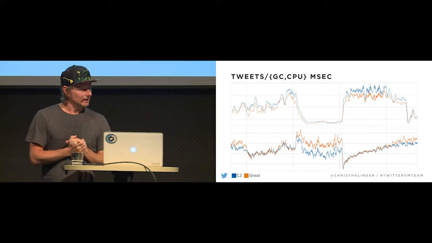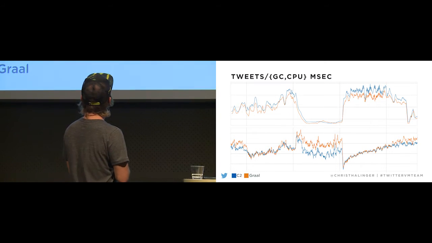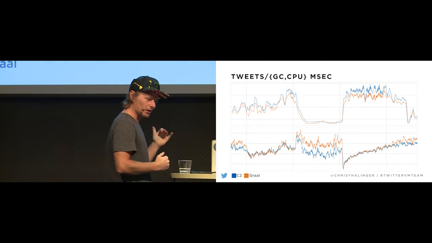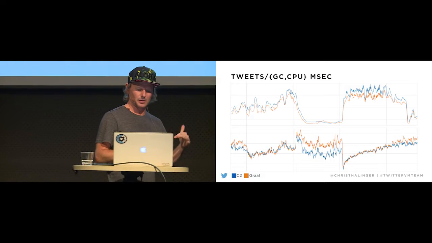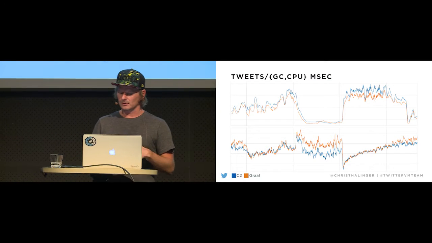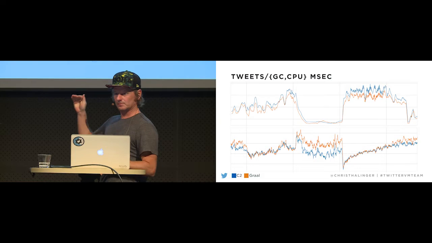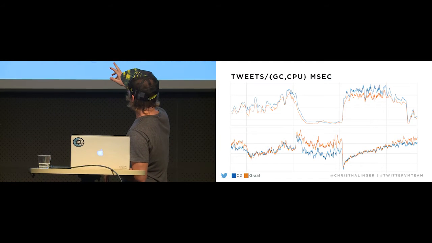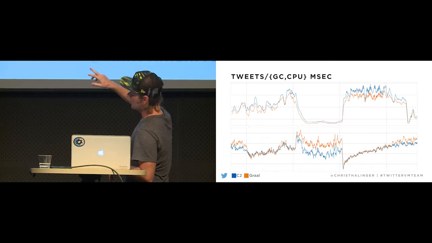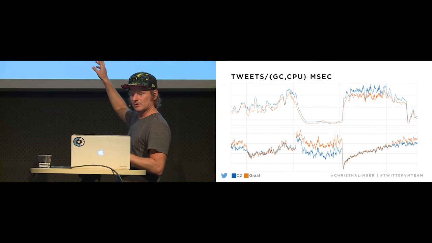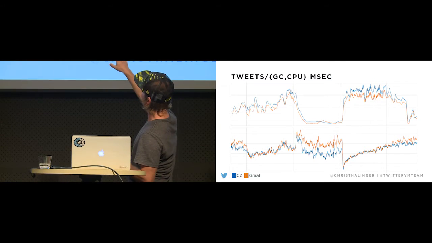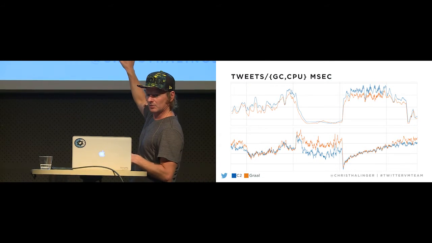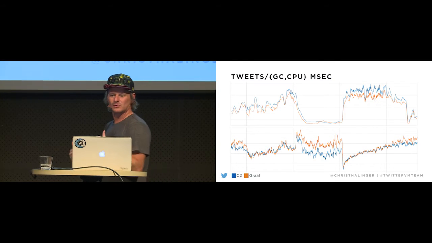And this is my last graph, and what it shows is tweets per GC millisecond at the top, and per CPU millisecond at the bottom. So higher is better here. As you can see, because the cycle times were higher with Graal, C2 is actually better at the top, but it doesn't really mean a lot.